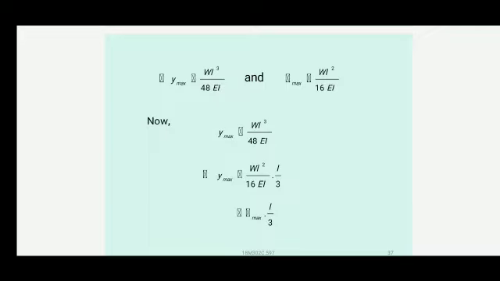Y maximum is equal to capital W L cube by 48 EI, that is, y maximum is equal to W L square by 16 EI into L by 3. So that is theta maximum into L by 3.